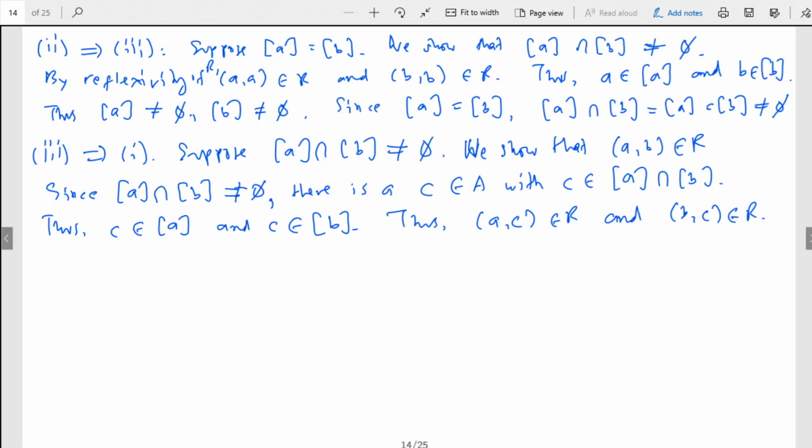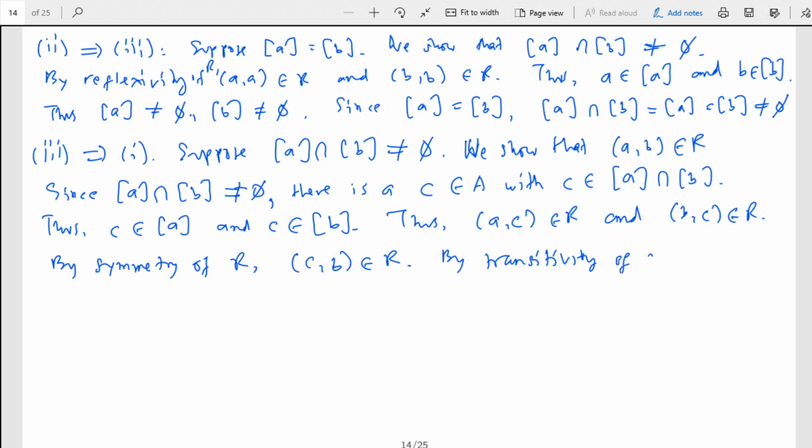Now, by symmetry of R, we have that (c, b) is in R. And then by transitivity of R, this implies that (a, b) is in R as required, because (a, c) is in R and (c, b) is in R. So we now establish that 3 implies 1.